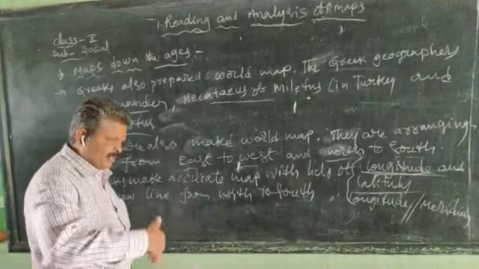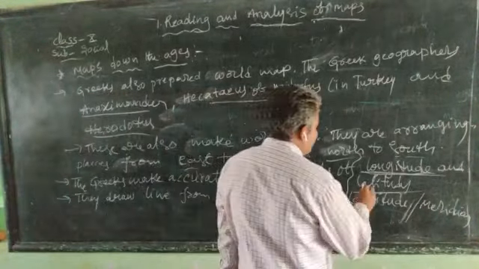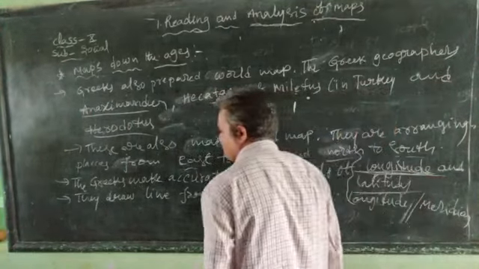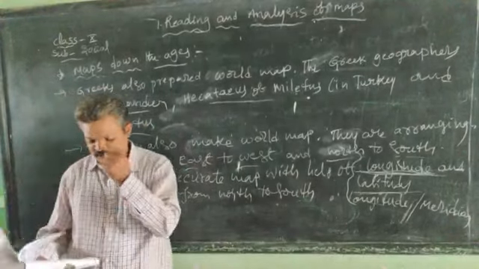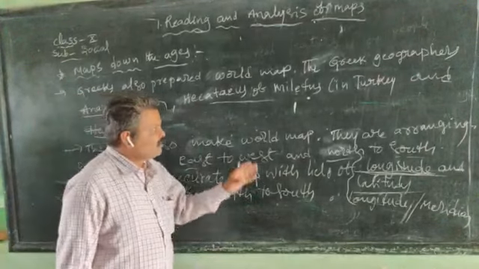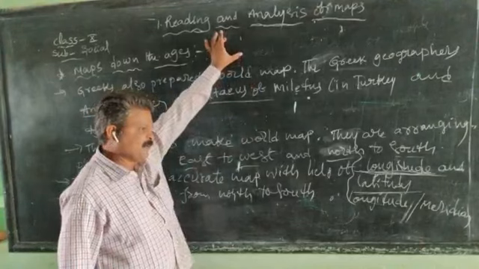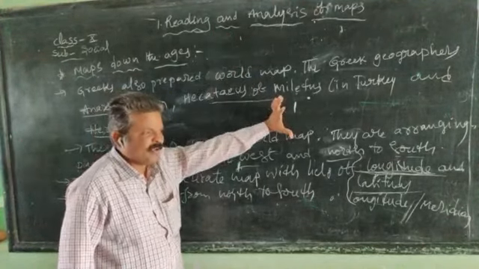There are a number of uses for these lines, so many uses with the help of latitudes and longitudes. Three groups: first, the Sumerians. They prepared maps and developed the world map, mentioning something in the middle of the city.